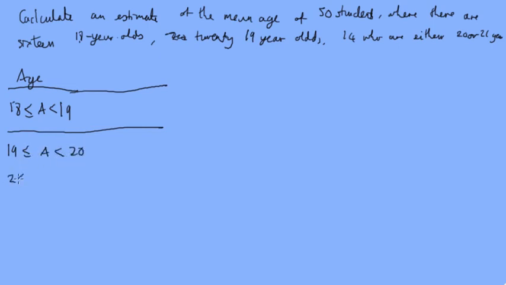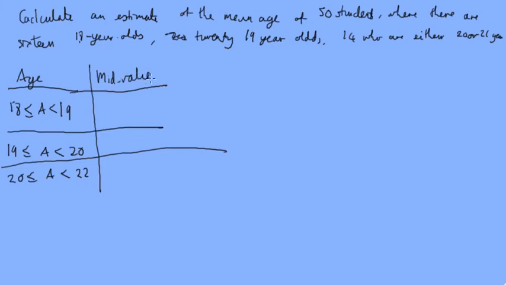And then we have 20 less than or equal to the age A less than 22, because it can be 20 to 21 but not 22. Now we need to find our mid value. So here is 18.5. Here it's going to be 19.5. And here it's going to be 21.